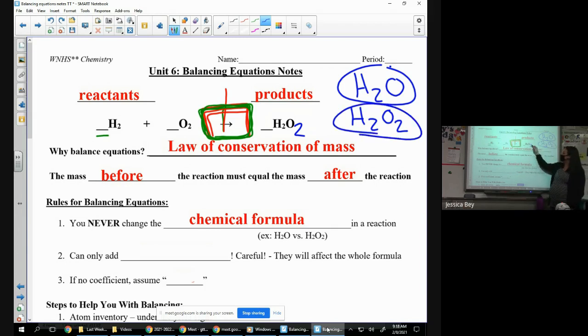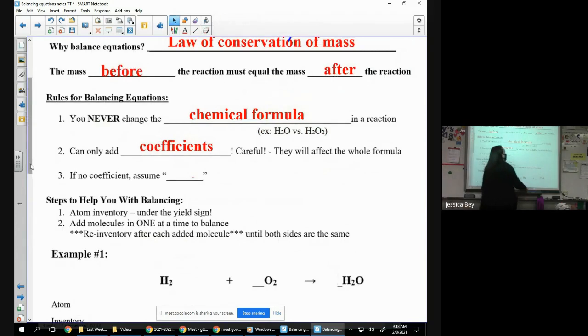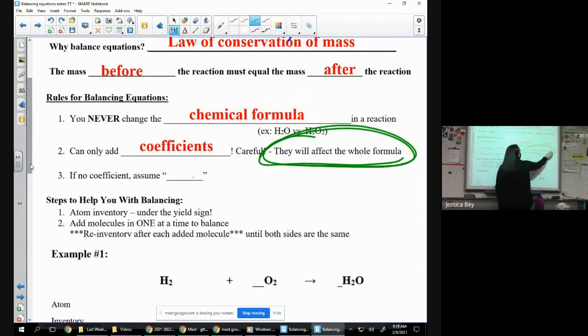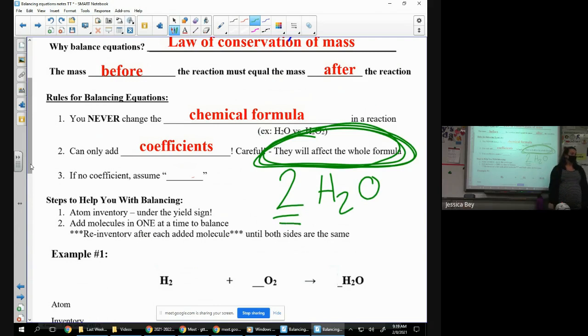So you cannot just add a subscript. If you want to balance an equation, you can only add a coefficient. Now, the only problem is that the coefficient affects the entire formula. As soon as you put a big number in front, for instance, if we have H2O, the coefficient is a big number you place in front.